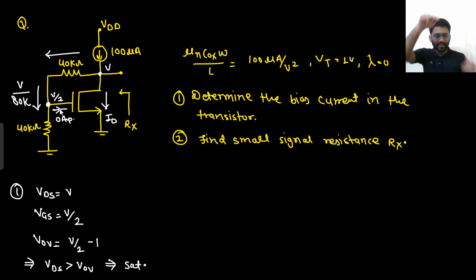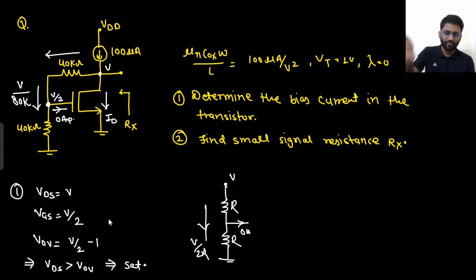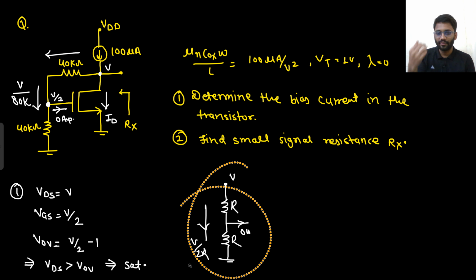So V by 80 kilo ohm current is flowing. This is the potential V, then there is 40 kilo ohm resistance, then one more 40 kilo ohm resistance, and then 0 ampere current. This is R, this is R. So what is the current here? V by 2R. That's the thing. V by 80K.